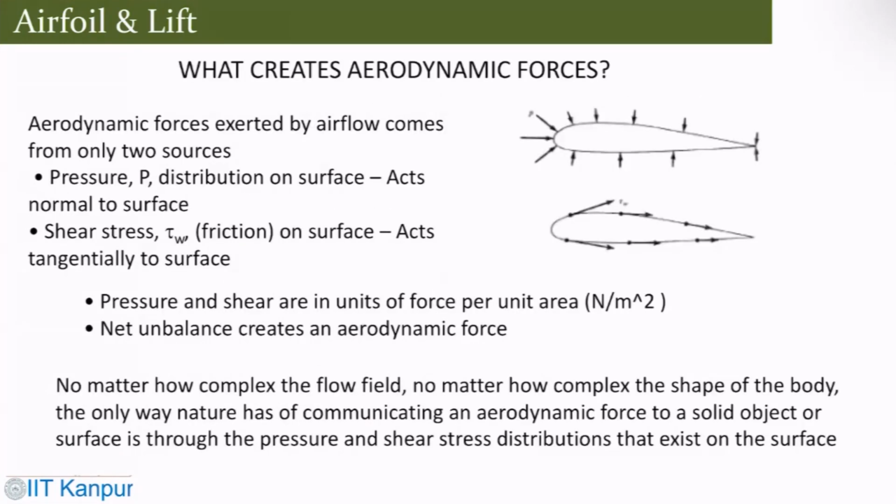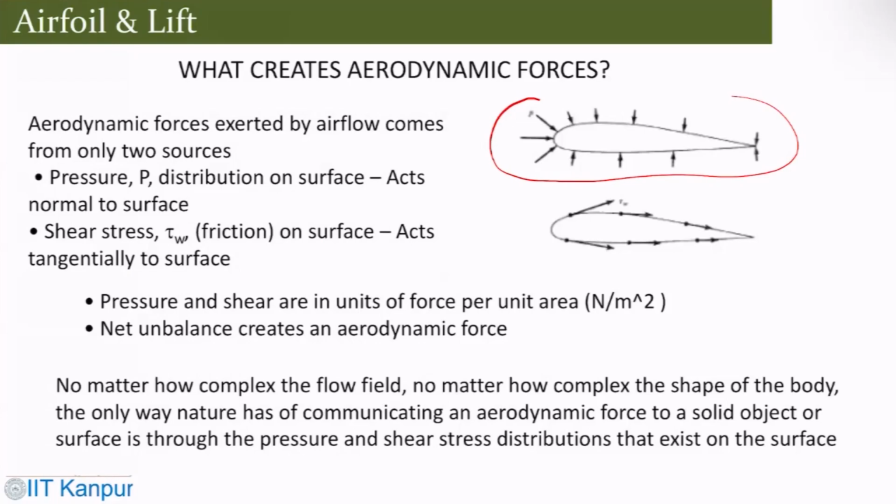Now, what creates these aerodynamic forces? Aerodynamic forces are exerted by airflow and come from only two sources. One is pressure, that is how it gets distributed over the surface, which acts normal to the surface.